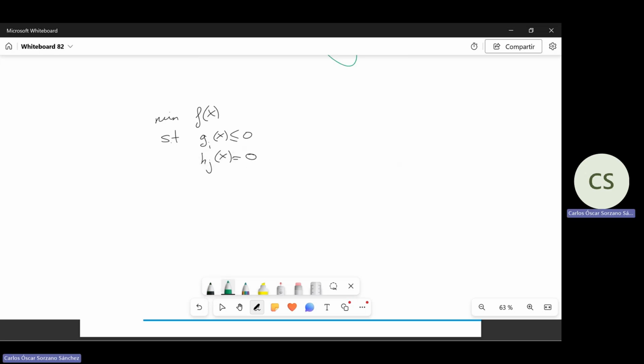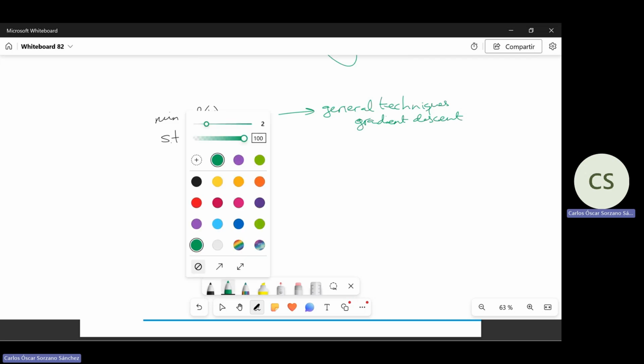Then we have seen general techniques. General techniques are the ones based on gradient descent that we saw yesterday.